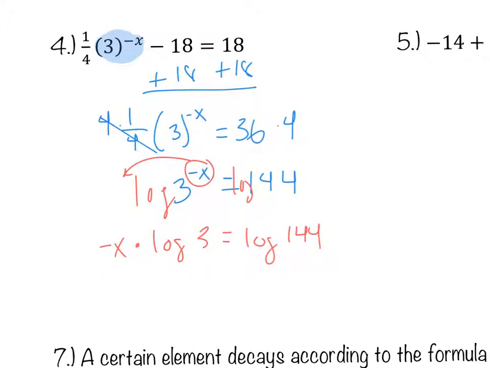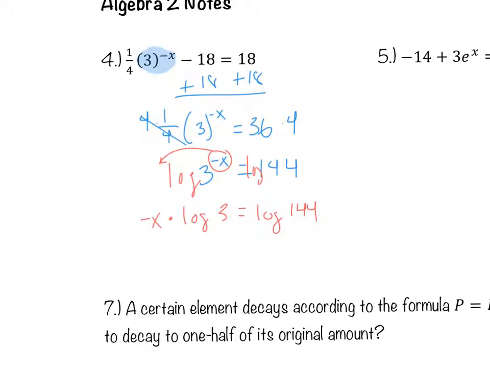And just like in previous problems, we're going to divide by log of 3. So it gives me negative x equals log of 144 divided by log of 3, which is 4.524.